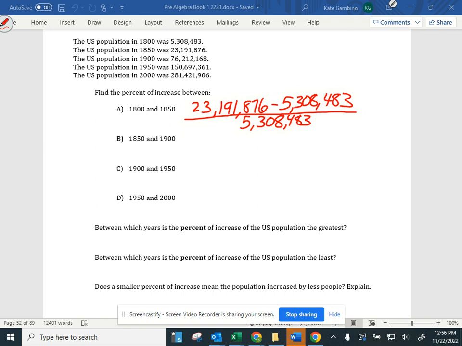Say that again. 23,191. But if we're doing 23 million minus 5 million, I'm not going to get 23,191. So let's work it out this way.